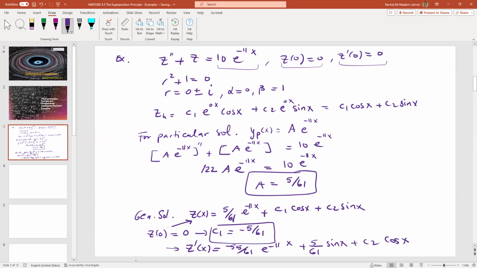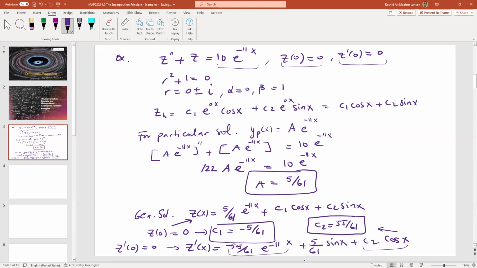Then I'm going to use the initial condition, and I should get, or you should get when you try it, that would give you C2.